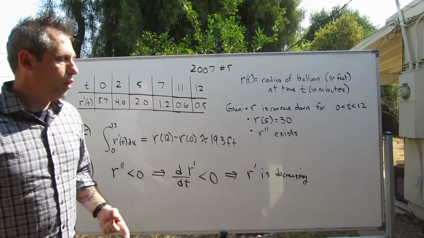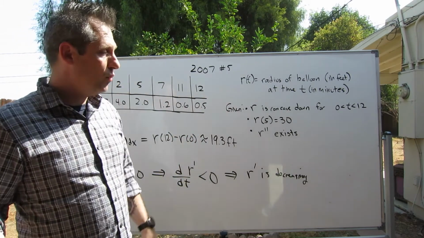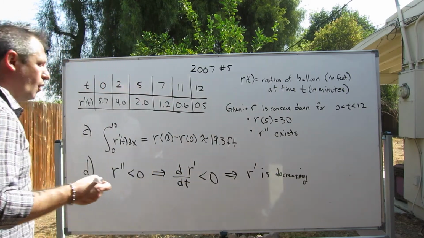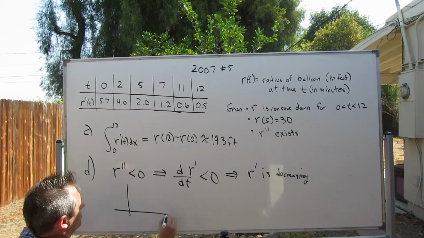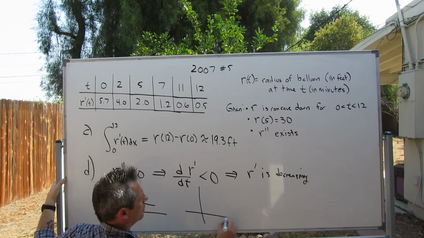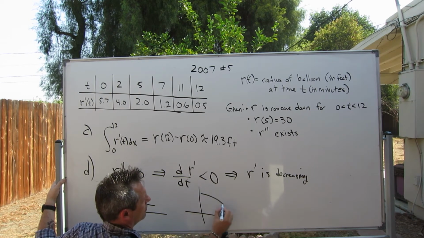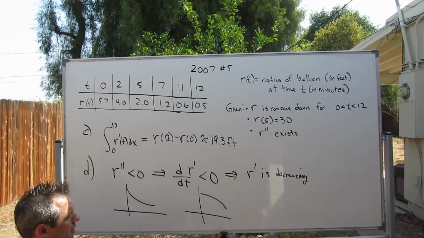Now I do not know if r prime is concave up or concave down, but I do know that it's decreasing. So what I know about the graph of r prime is that it looks something like this. r prime either looks something like this, or it looks something like this. In either event, it's decreasing, or it could be a mixture of these. It's just got to be decreasing.